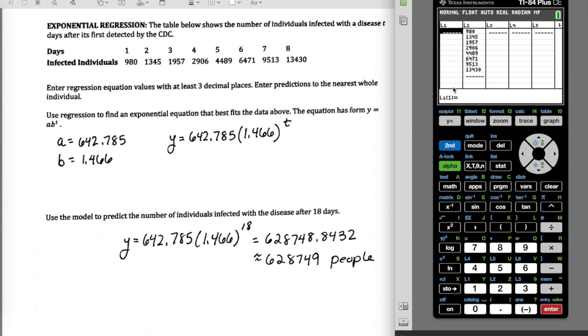And then you can put your values in. Your X's should go in L1 and your Y's should go in L2. So let's see, it looks like it's just the days 1 through 8 for X's. And I already put my Y values in there previously to save a little bit of time.